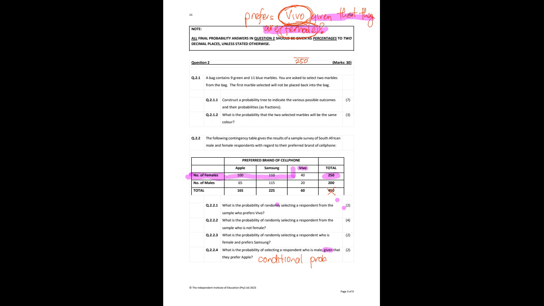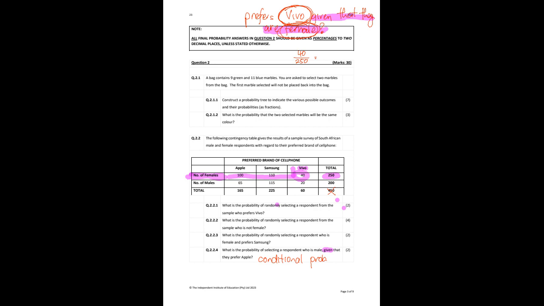So it would be 40 out of the 250. And you'll go on to calculate your answer as a percentage. Okay, so that is the first part of question 2.2. It was your basic probability questions based on your contingency table.